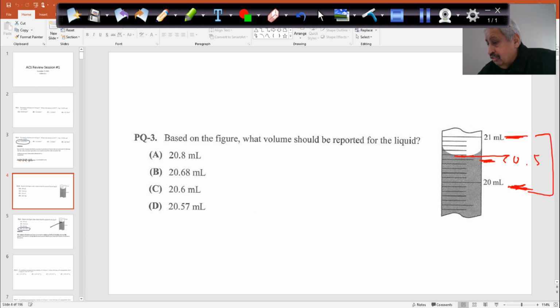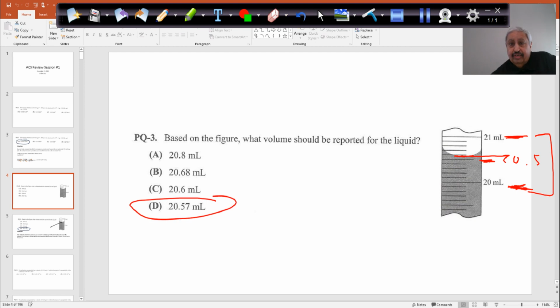This is your limitation. 21 higher value, lower is 20, and then the subunit is 20.5, and in between you have to estimate. That will be maybe more or less 6 to 7. Yeah, 6 to 7. So which will be your choice? D. So the answer is D.